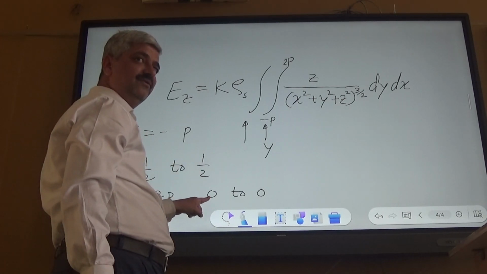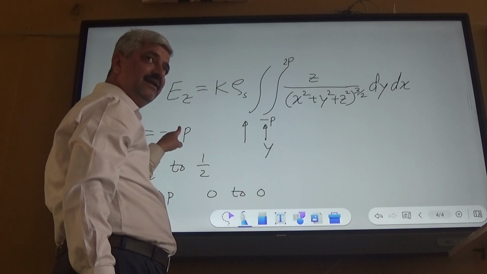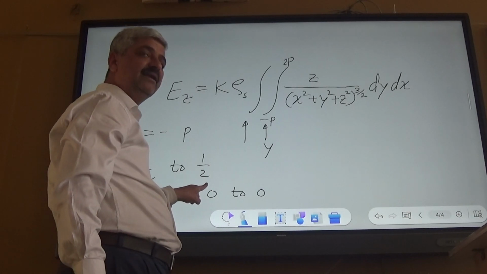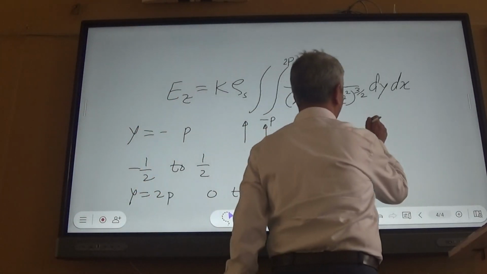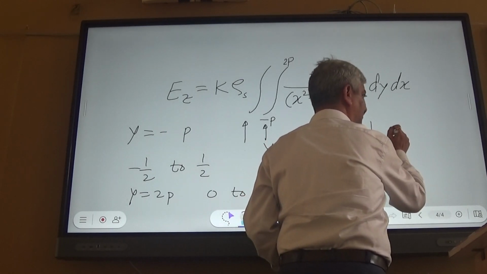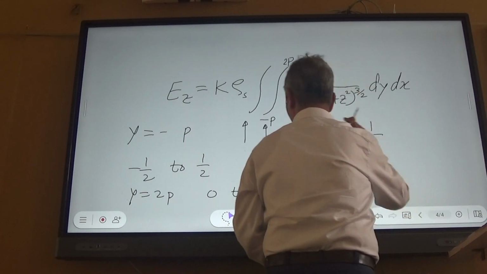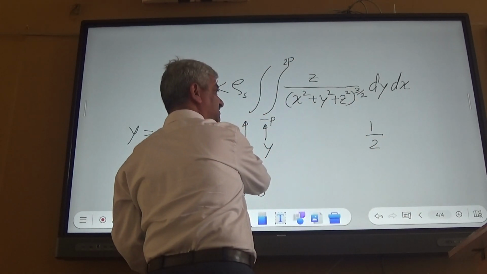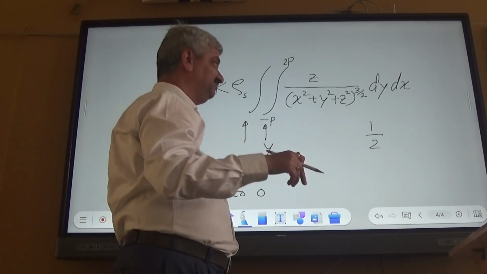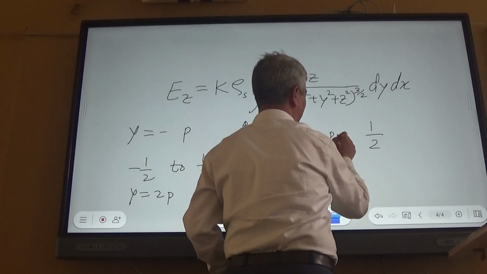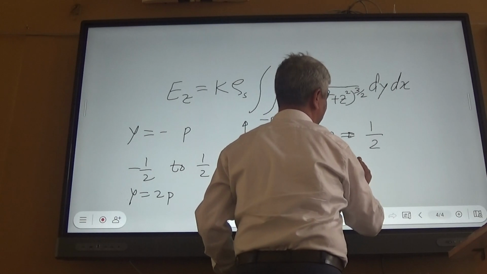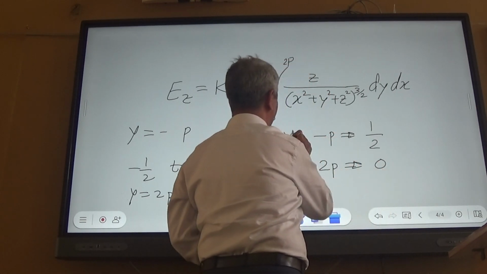Upper limit: when y is minus p, upper limit is half, and when y is 2p, upper limit is 0. That is, when y equals minus p it is half, and at 2p it is 0.